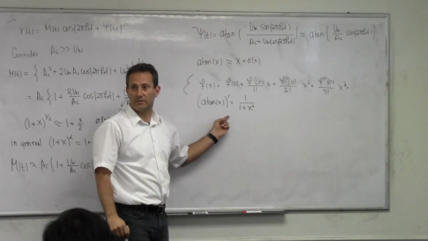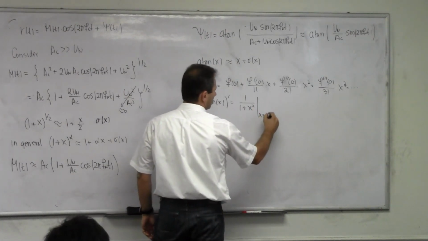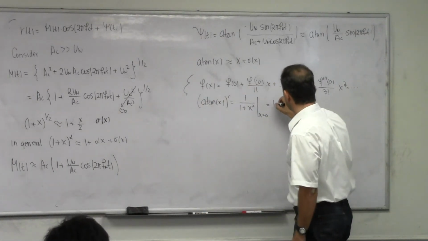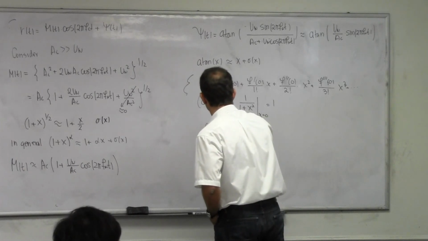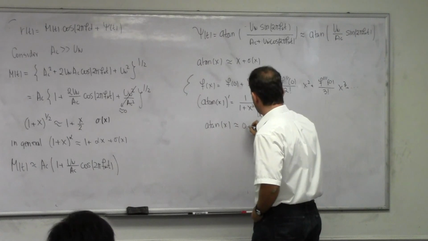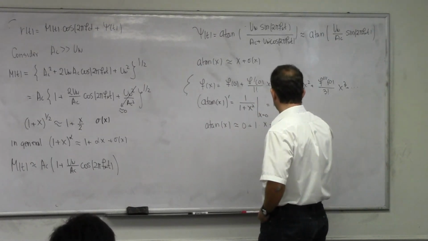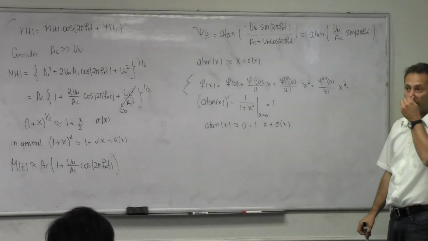When I evaluate this at x equal to 0, the value is 1. So arctangent of x is approximately 0 plus the derivative 1 times x plus order of x squared. That's the first order approximation for our arctangent.